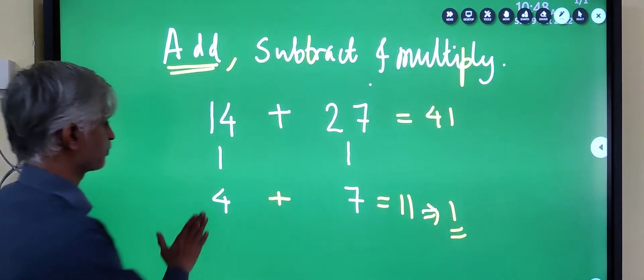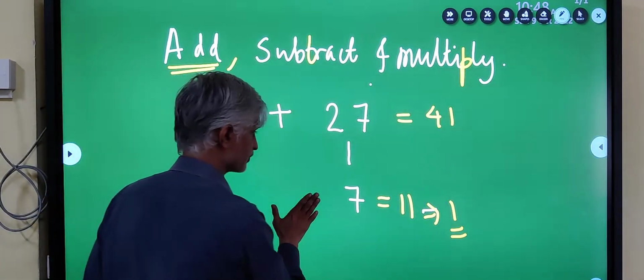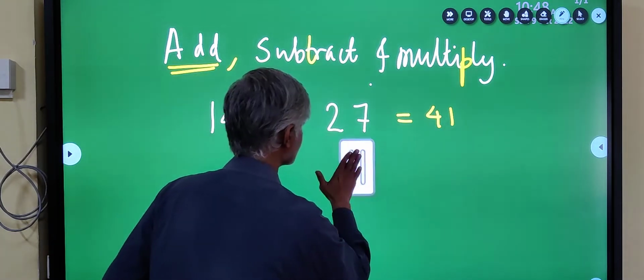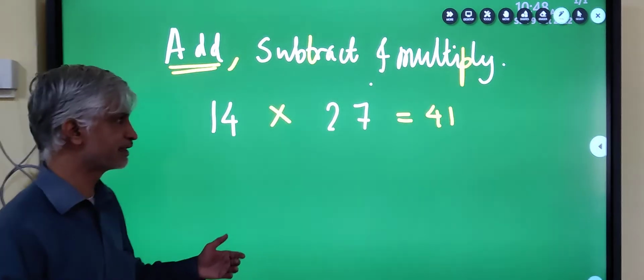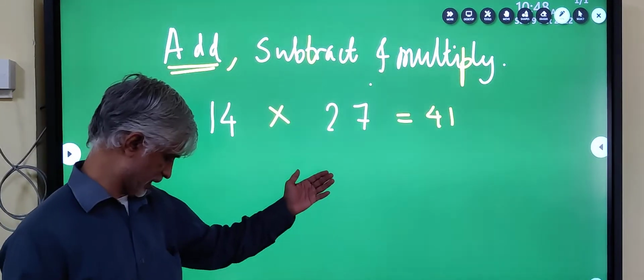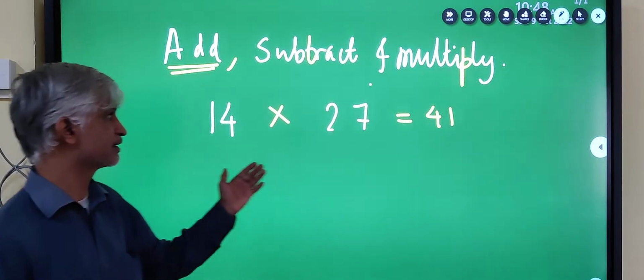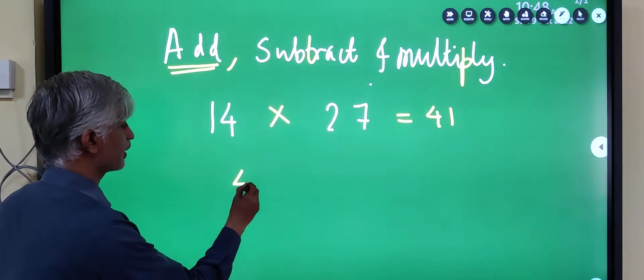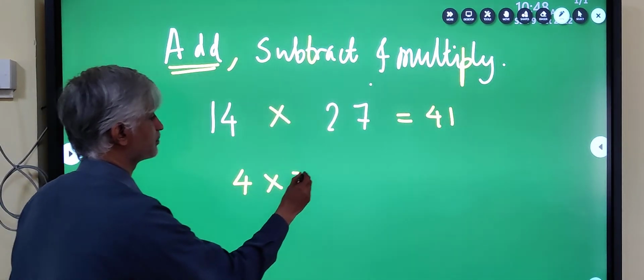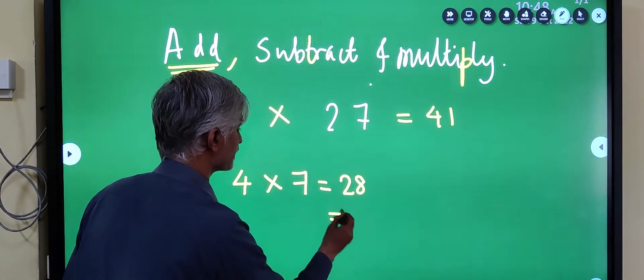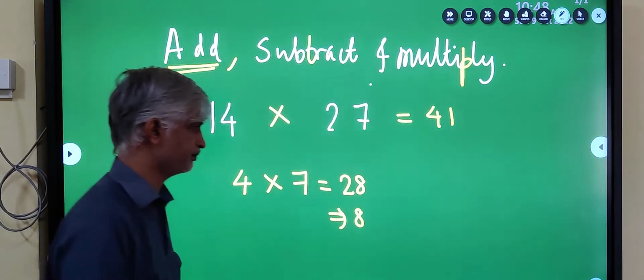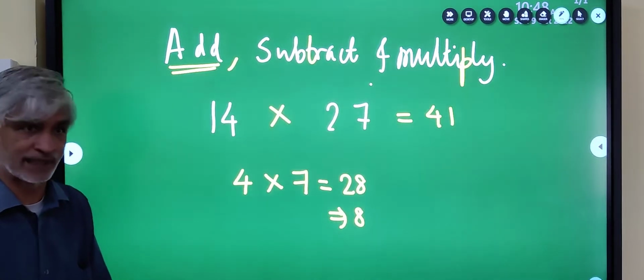What happens if you multiply? Once again, the rule says that if you want to know the remainder when 14 multiplied by 27 is divided by 10, you might as well directly multiply the remainders. In this case, it is 28, and 28 should be considered as 8 when you divide by 10.